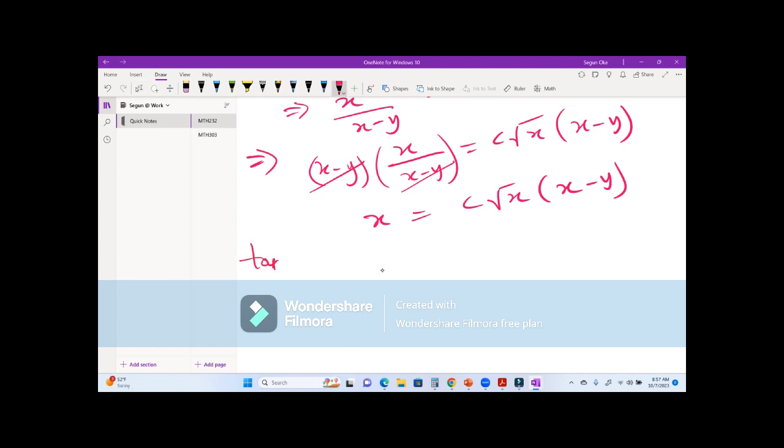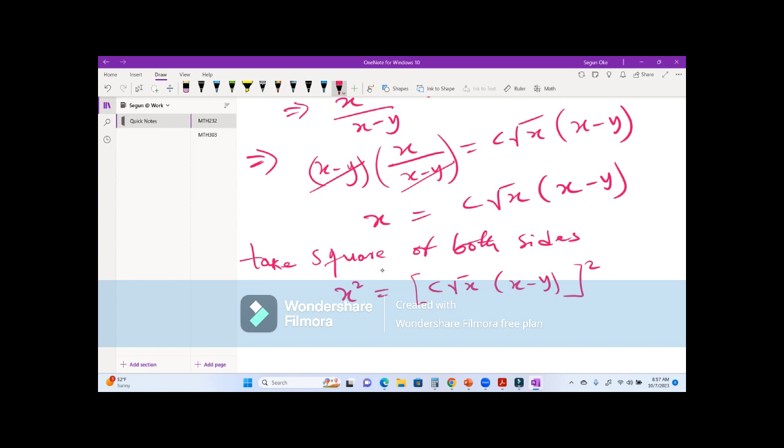Because we are trying to remove that square root. If we take the square of both sides, we have X squared equals C square root of X into X minus Y, all squared.